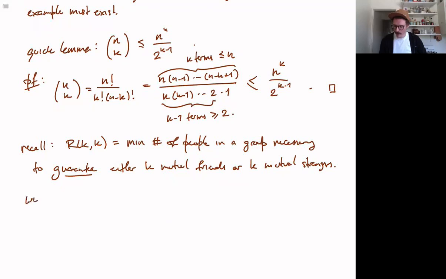So we proved before that R(3,3) is equal to 6. You will remember this from our pigeonhole principle days.